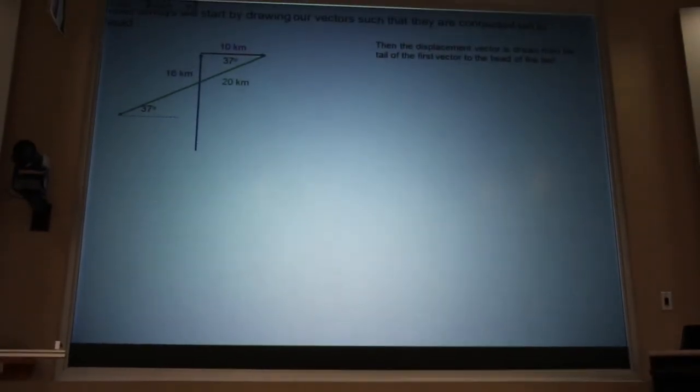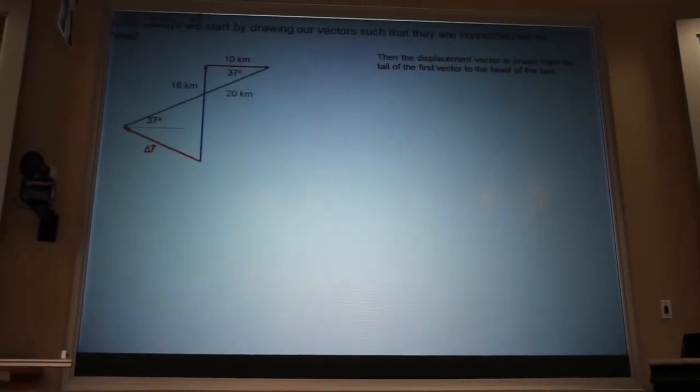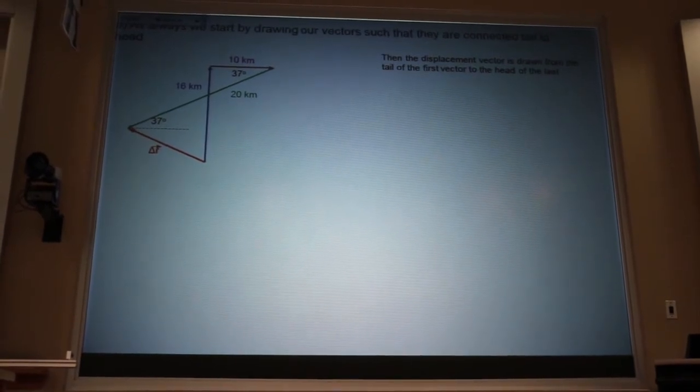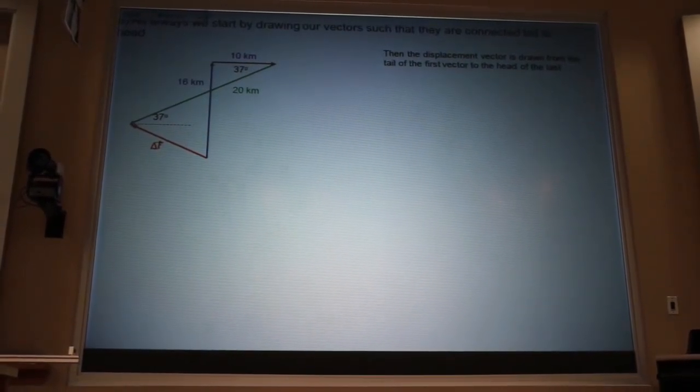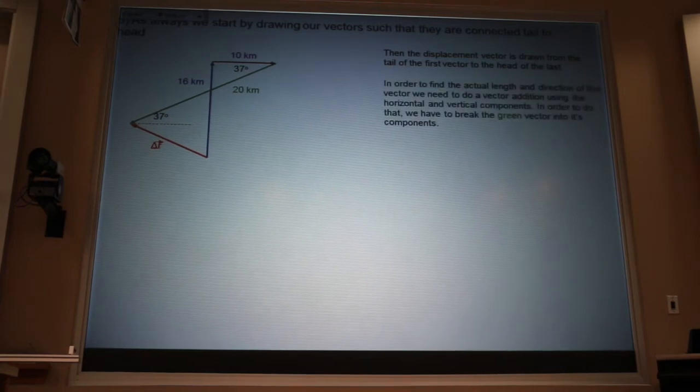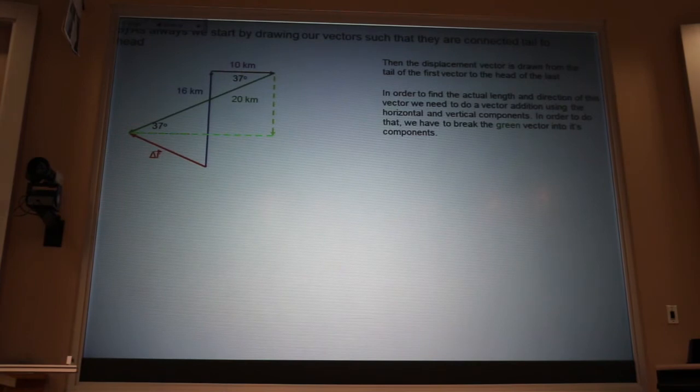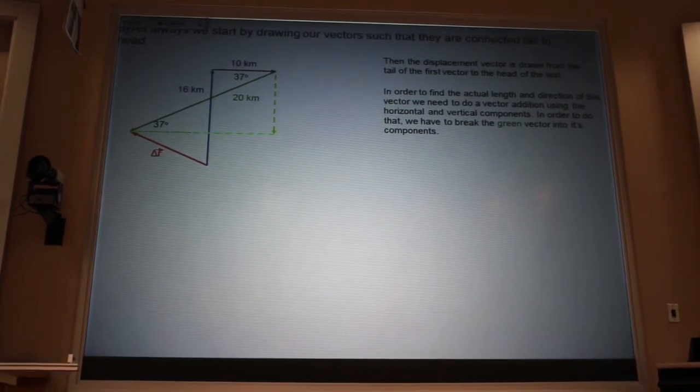Well, first of all, you have to draw the displacement vector from the first starting place to the last ending place. Now, in order to add up the components, I have to break that green vector up into its x part and its y part. Okay? Now, on the solution here, I went south and then west.